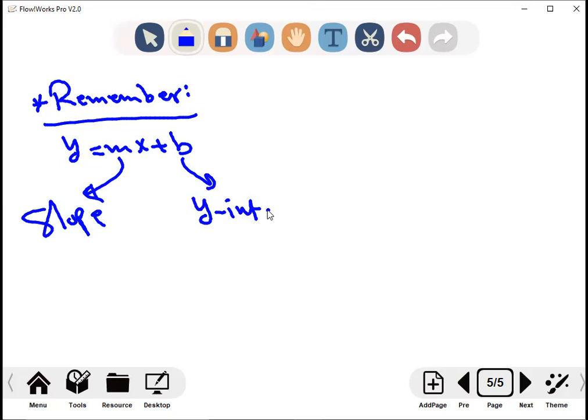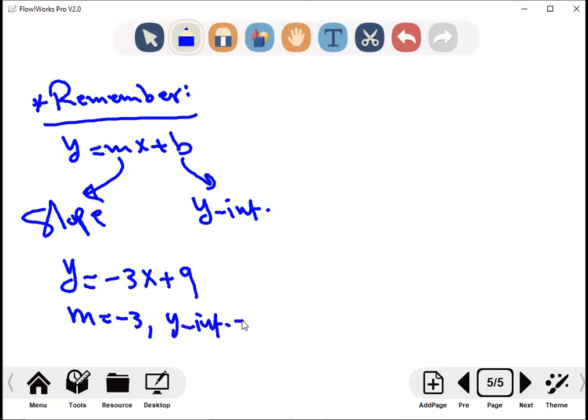For example, if I have y equals negative 3x plus 9, the slope is negative 3 and the y-intercept is 9, right? But how do we know, focus with me, if the graph of the line is increasing or decreasing depending on the slope?